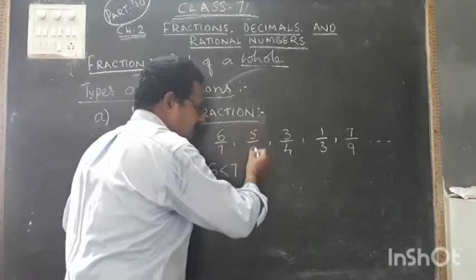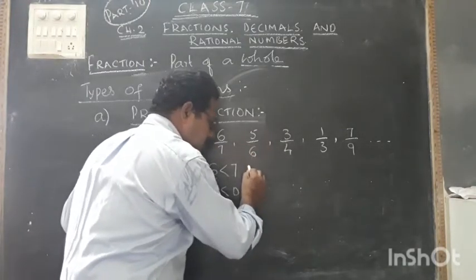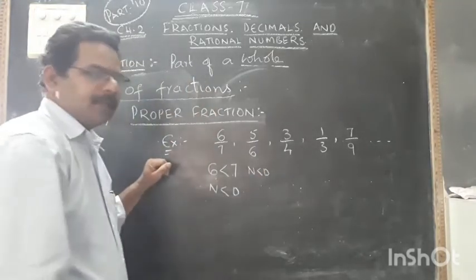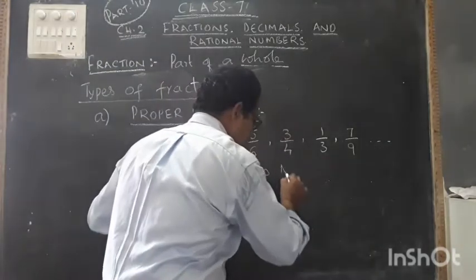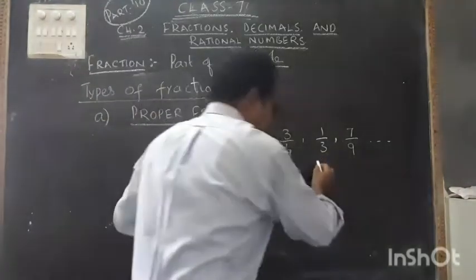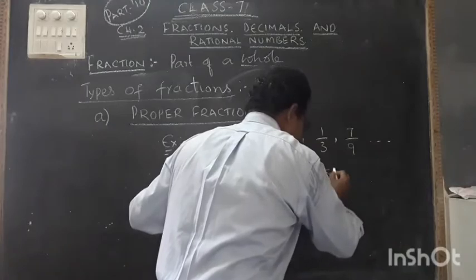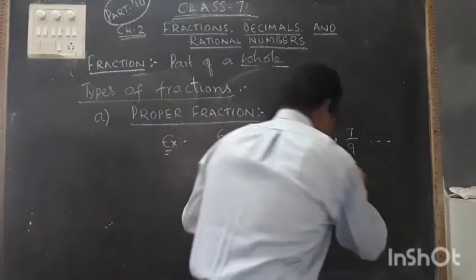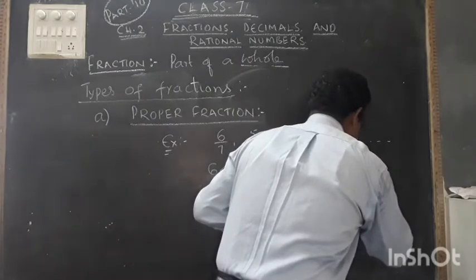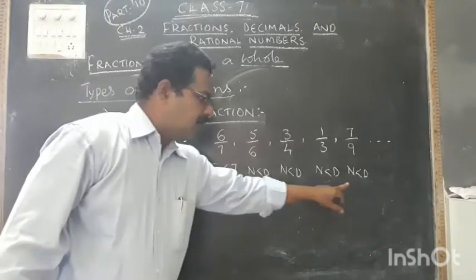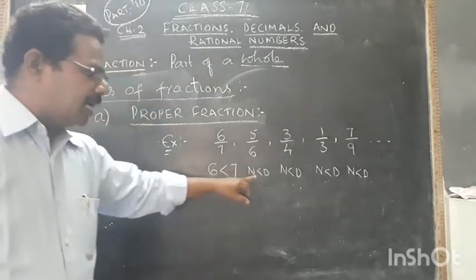5 by 6, 5 is less than 6, so here also numerator is less than denominator. 3 by 4, here also numerator is less than denominator. 1 by 3, numerator is less than denominator. 7 by 9, also numerator is less than denominator. So from all these, all numerators are less than denominators.